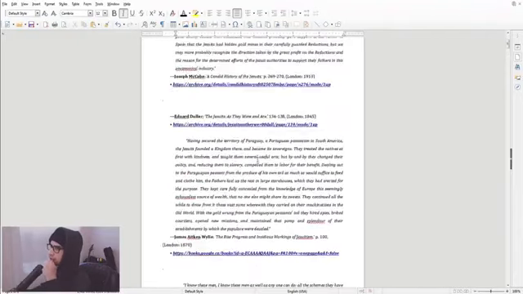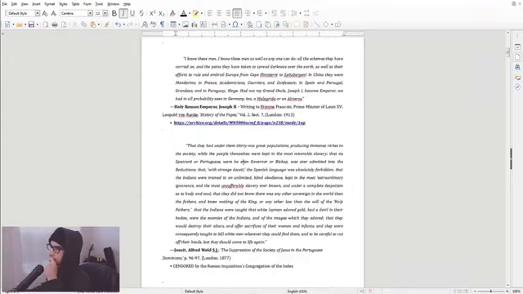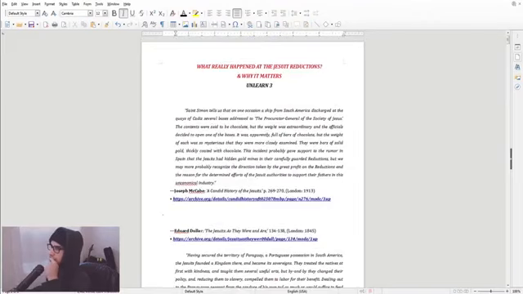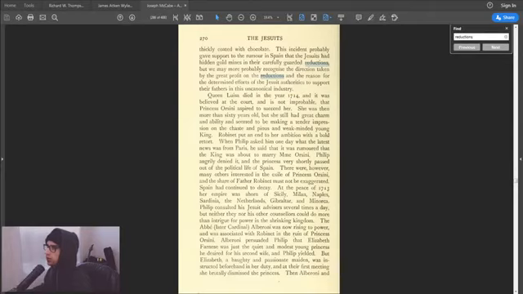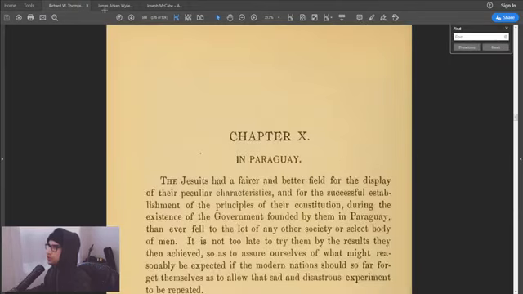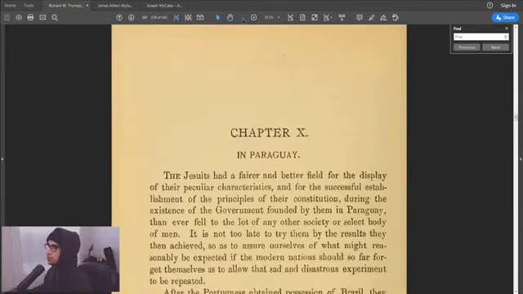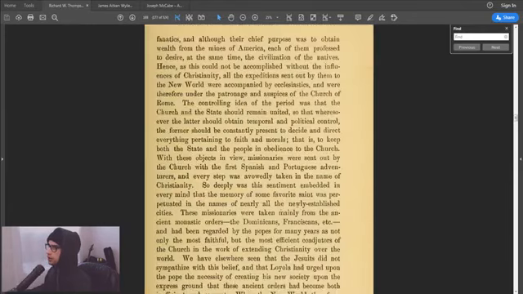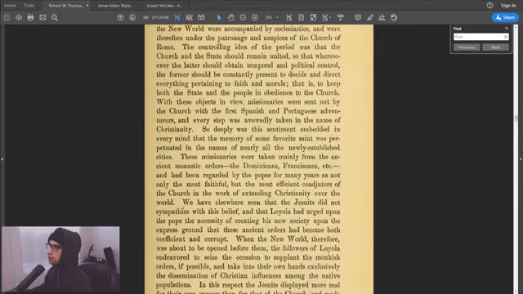So we're first going to be reading from the PDF of Richard W. Thompson's The Footprints of the Jesuits, 1894. Chapter 10, in Paraguay. We're not going to read it all, but we're going to start on page 169.